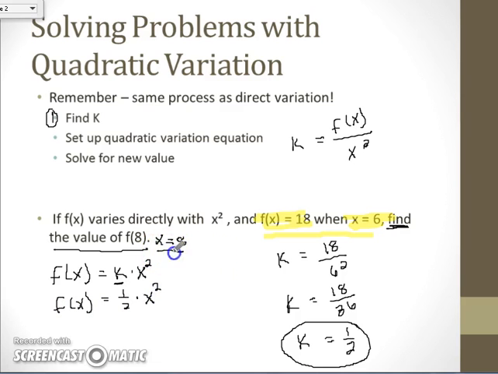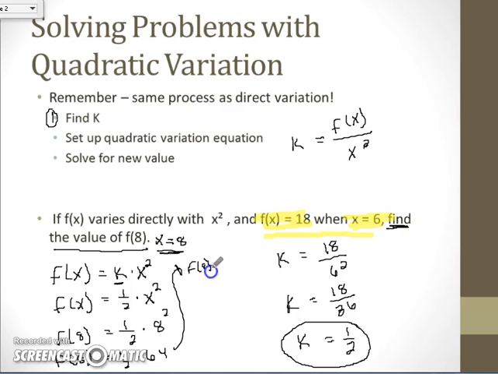So now we can replace x with 8. So f of 8 equals 1/2 times 8 squared. Again, don't forget to square that x value. So f of 8 equals 1/2 times 64.